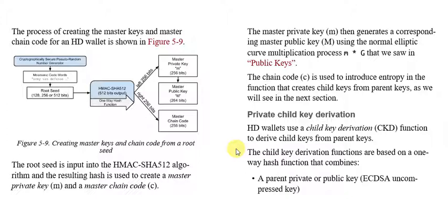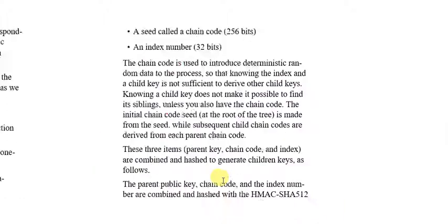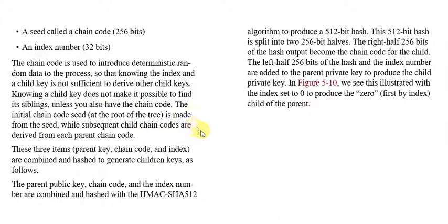Private child key derivation. HD wallets use a child key derivation, CKD, function to derive child keys from parent keys. The child key derivation functions are based on a one-way hash function that combines a parent private or public key, a seed called a chain code, 256 bits, and an index number, 32 bits.